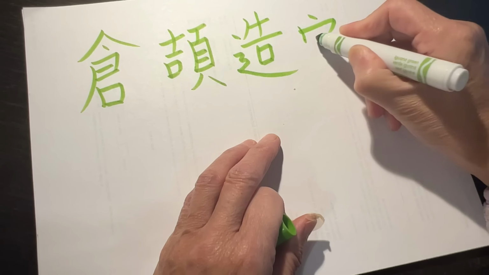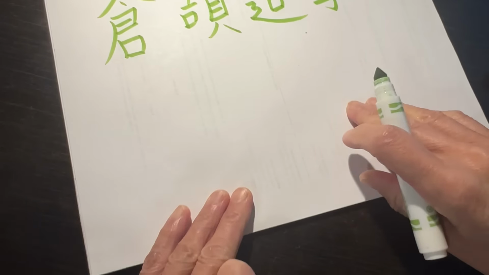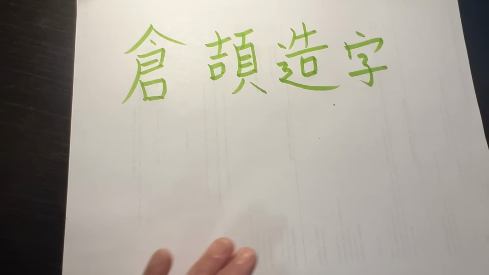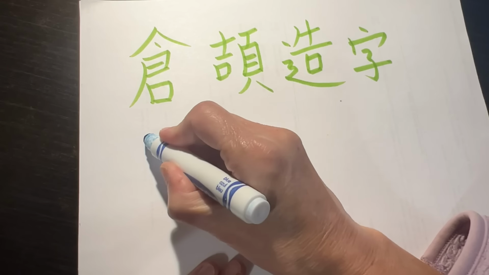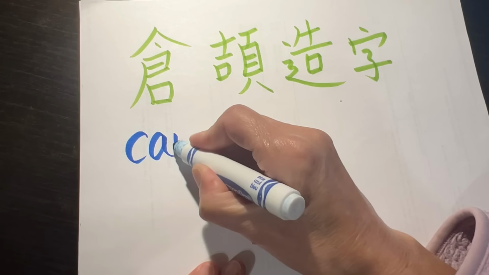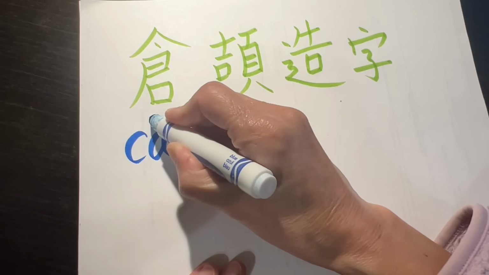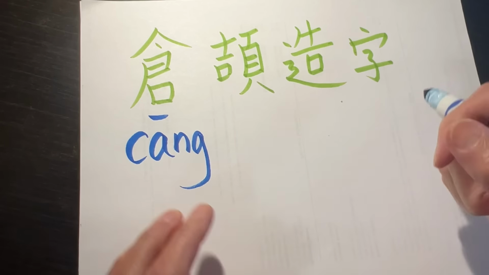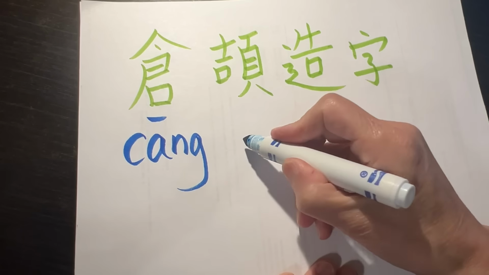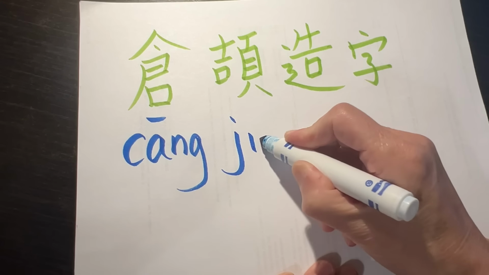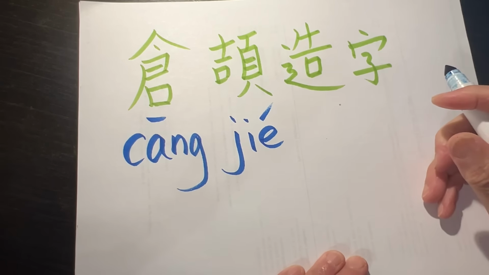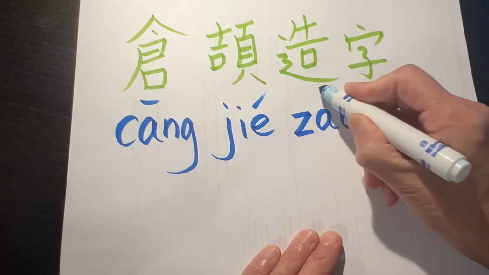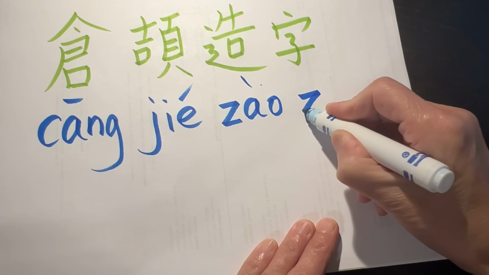Zi. Now let me write down the pronunciation. Cang, not Kang. Okay, C. This is pronounced C. Cang, Jie, Zao, Zi.